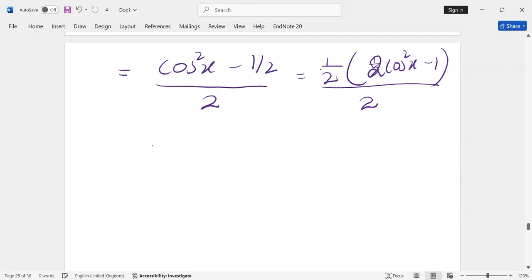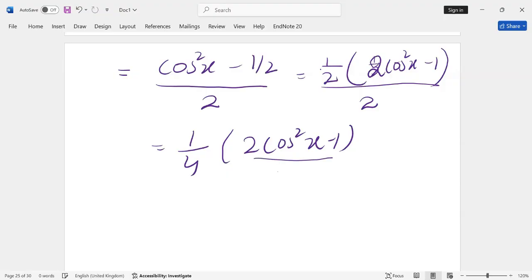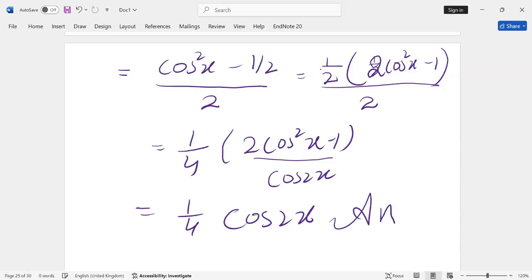So we have 1 by 4 into 2 cos square x minus 1. As you know, this formula equals cos 2x. So I'm writing 1 by 4 cos 2x, and this is the answer that we have to find out.